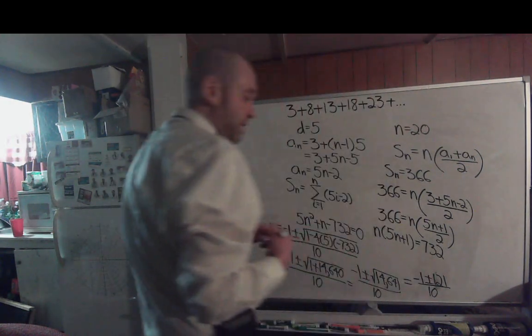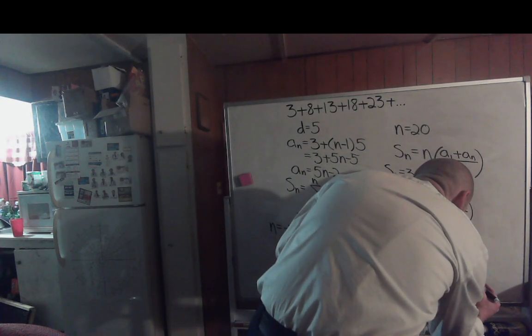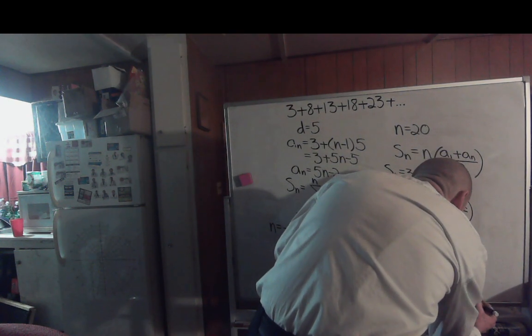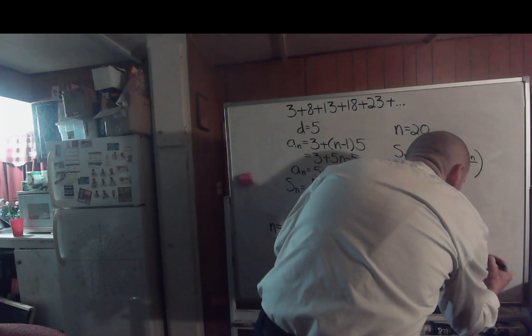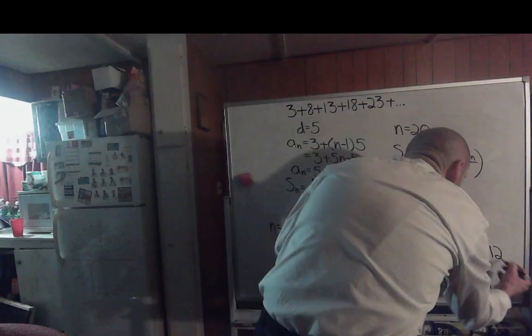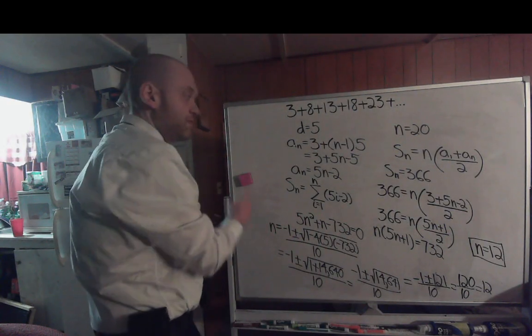So negative 1 plus 121 is 120 divided by 10, which would be 12. So that means in this case, the sum of the first 12 terms would have a sum of 366. That's how you would go about finding that.